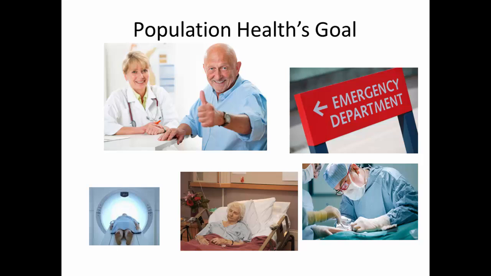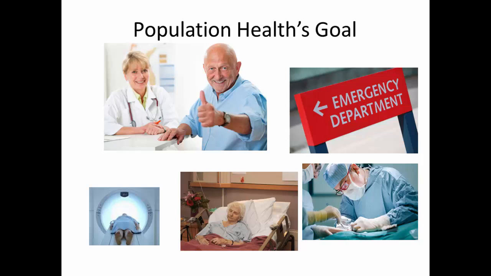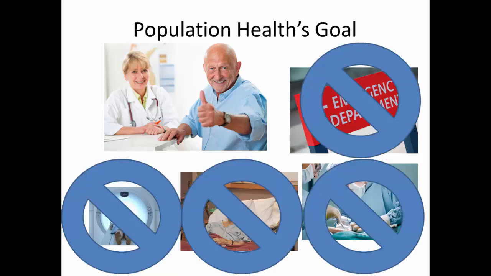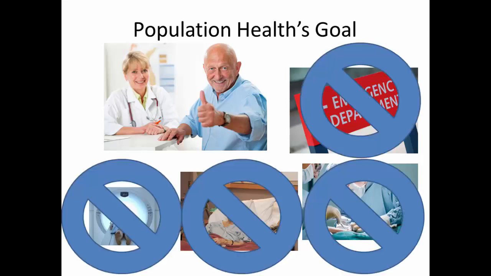So population health's goal, of course, is a healthy patient, good outcomes, not just for individual patients, like we said, but for patient populations. And it's to prevent going to the emergency department, prevent surgery, or prevent long hospital stays, prevent having to do excessive imaging or other studies.